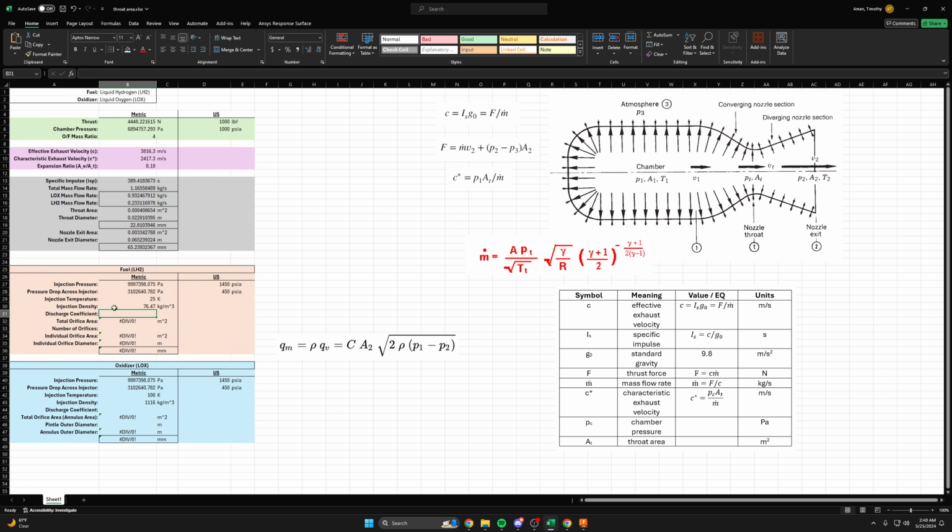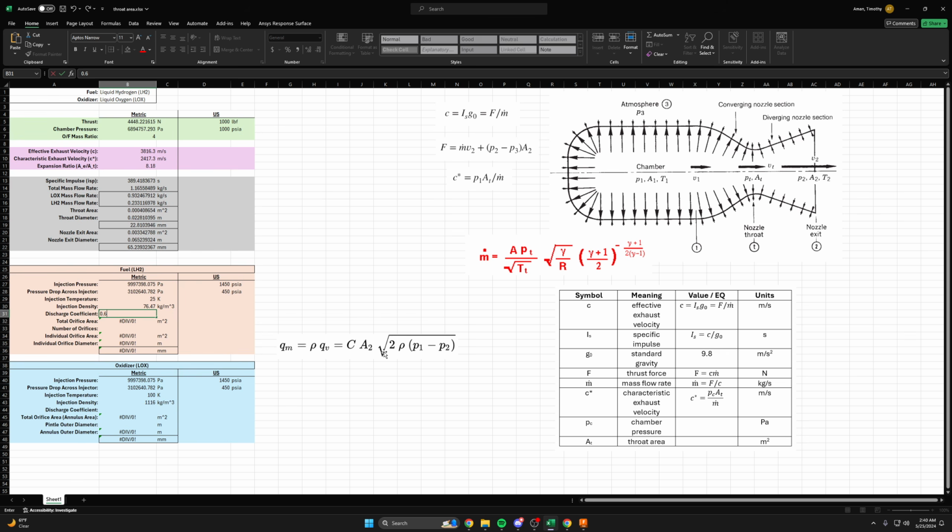And then up next is the discharge coefficient. That's this C value here in the orifice equation. We're going to just go ahead and plug in 0.6. That's a commonly accepted value for a flat-edged orifice. And this basically just tells you what percent of the theoretical maximum flow you are actually getting through your orifice or orifices or orifice plate or whatever.